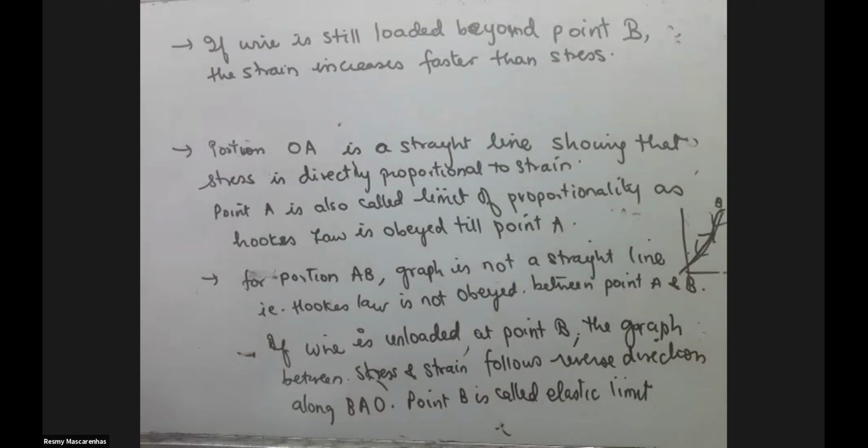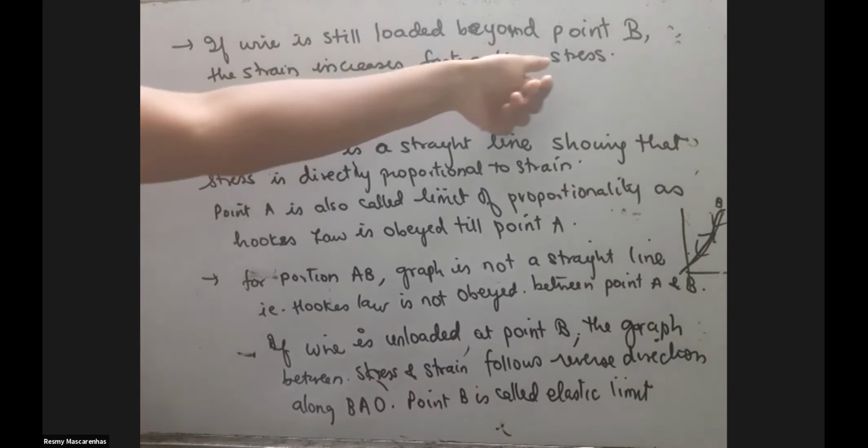What happens now? The wire has become very weak in nature. So even if you put a very small stress, the strain will be more. Strain means the increase in the length of the wire. Even if a small force is applied, there will be a lot of pulling of the wire, because now the wire after B becomes very weak in nature. So if the wire is still loaded beyond point B, the strain will increase faster than your stress.